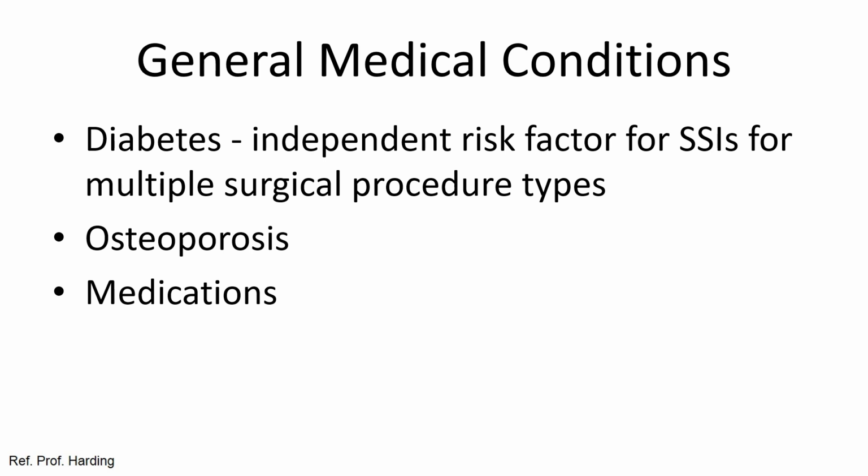Type 1 is considered a more severe risk than perhaps type 2 diabetes, but both of them have to be taken seriously. So diabetes is particularly considered an independent risk factor for the development of surgical site infections, and this risk increases with regards to the size of the procedure that you're taking on, the size of the wound that's produced afterwards, because this will require more healing.